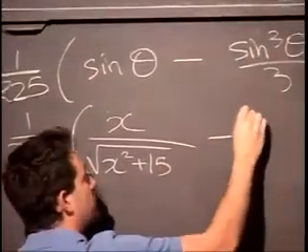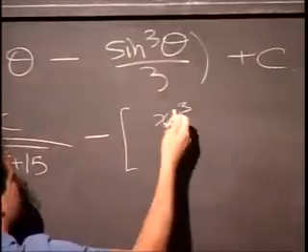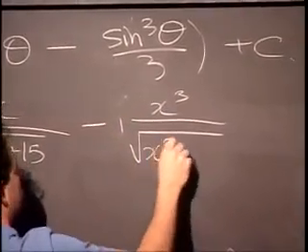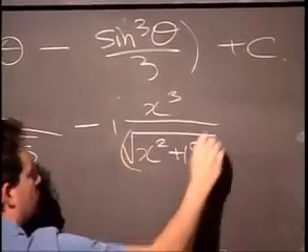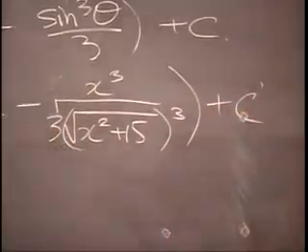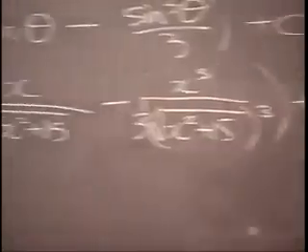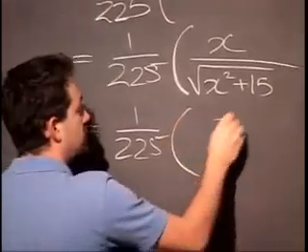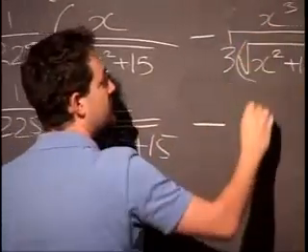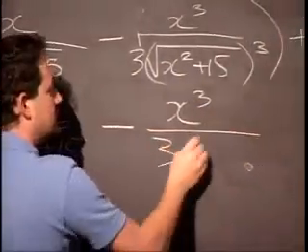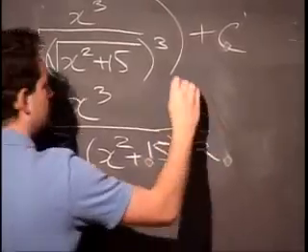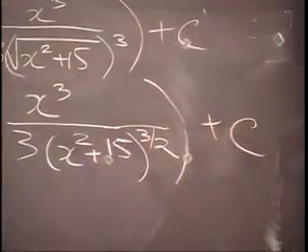And for sine cubed theta, you could write just x cubed over the square root of x squared plus 15, all cubed, and you need a 3. That's okay. But I think we can be a little cleaner about it and write the first term as it was, and this as x cubed over 3 (x squared plus 15) to the 3 halves power plus a constant.